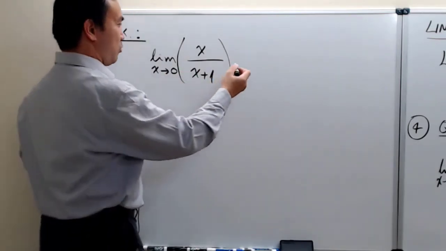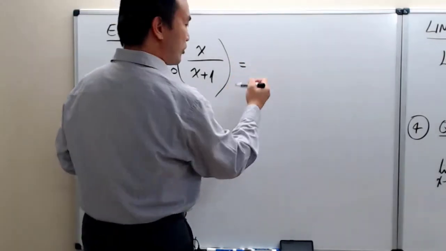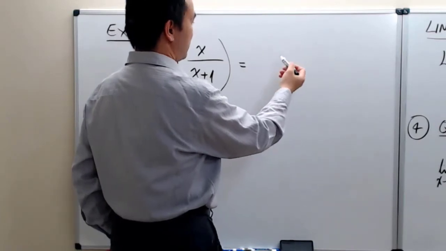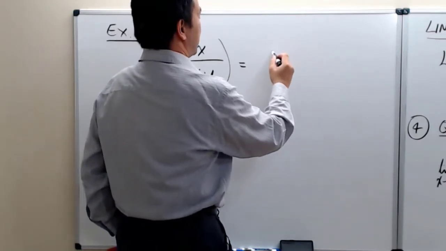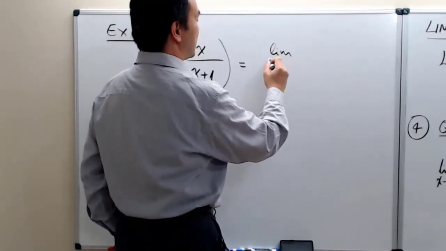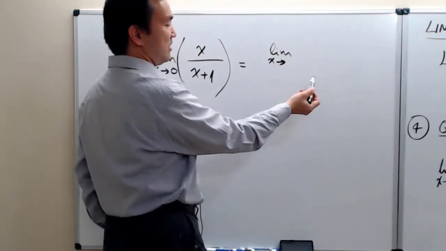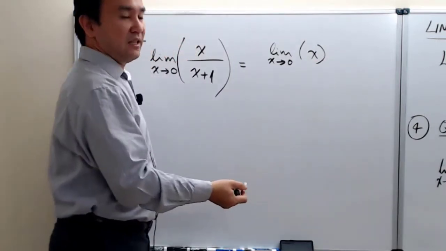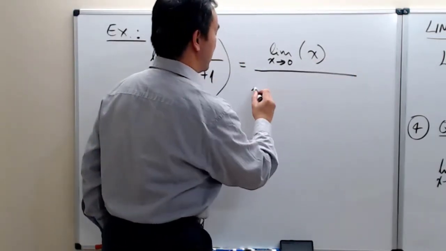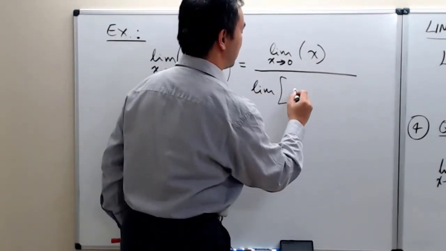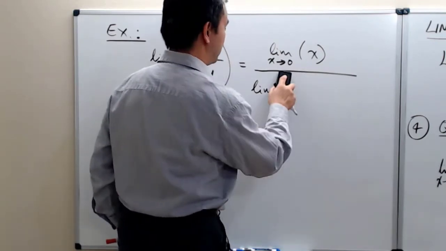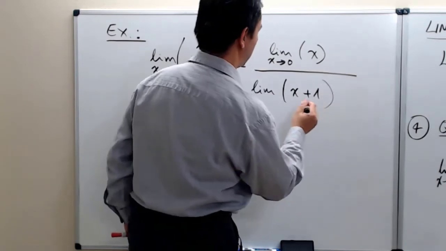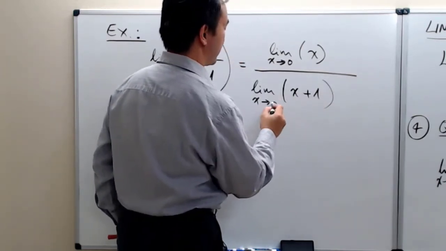And so the quotient of limits law we just learned allows me to take that quotient into two separate limits. So now I'm going to find one separate limit as x comes close to 0 for the function x, and I am going to find another separate limit on the function x plus 1 as I'm letting x get close to 0.